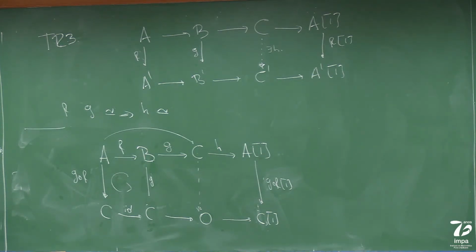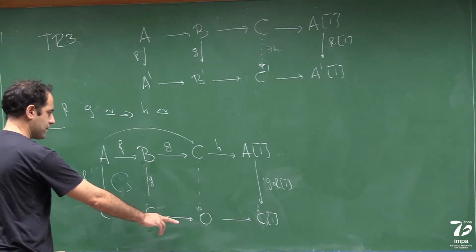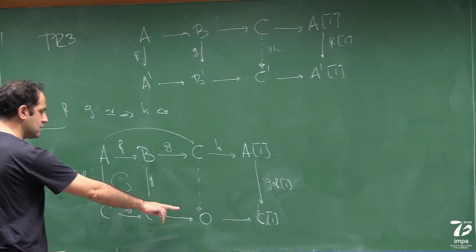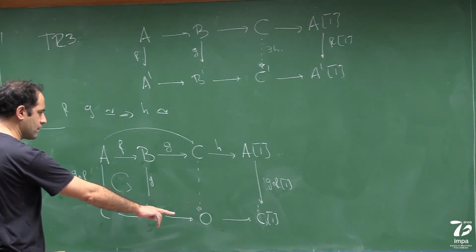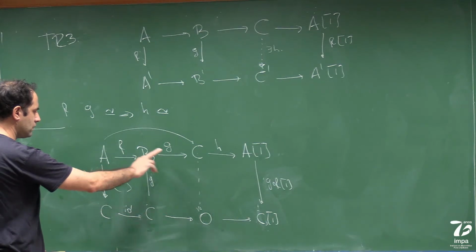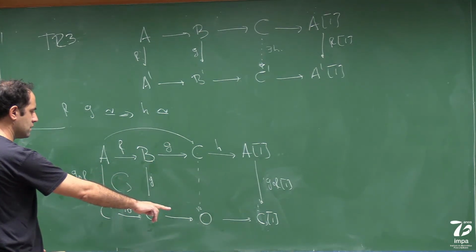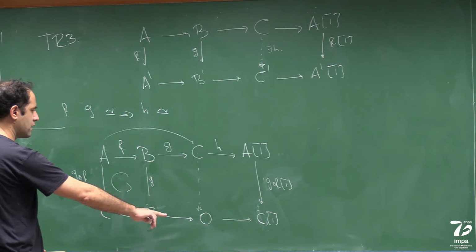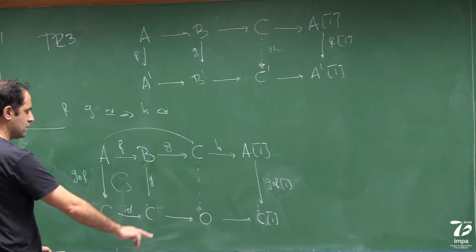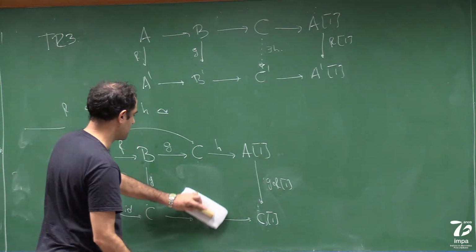So let's check this. I had convinced myself that it was going to be with B and the identity on B. It has to be some game of this form. So let's see if I put here C and the identity of C. So that this way I get F composed with the identity. So let me try one more.